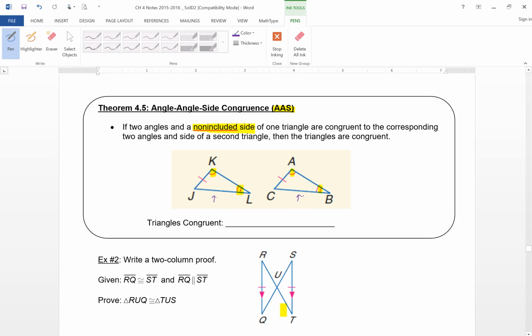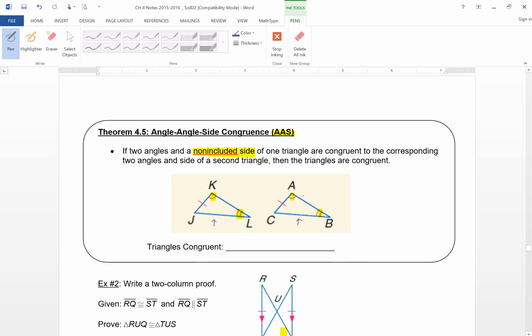Okay? So let's just look at what we've gone over so far. We had SSS, which is just talking about sides. And we had SAS. Okay? What else did we have? In this section, we had ASA and AAS.